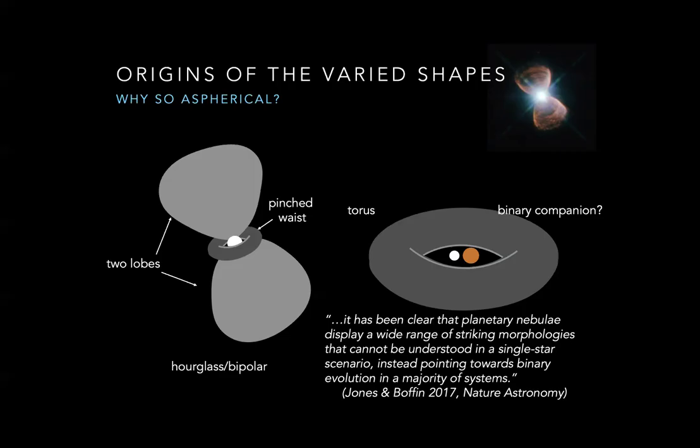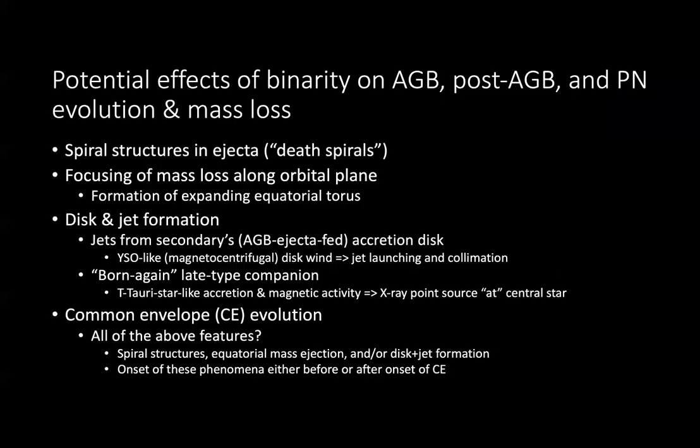This has caught on like crazy, this idea that when we look at these kinds of structures in planetary nebulae, we are likely seeing binary companions as the explanation. Binary star systems. There are all kinds of things. I won't go through the whole laundry list here of things that a companion star could do, but it turns out you can get spiral structures in the ejecta from a red giant star if you have a close binary companion.